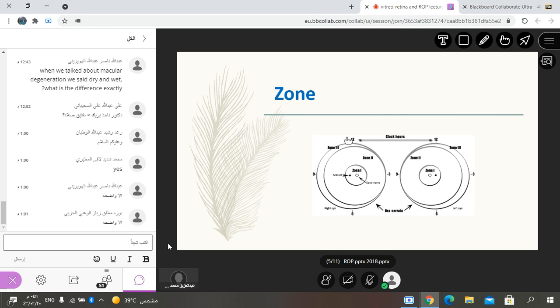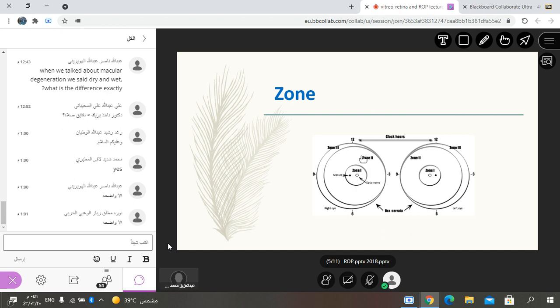The extent of the disease is measured by clock hours. So if we have ROP, for example, in this area extending from 12 till 3, this is almost 1, 2, and 3, so this is 3 clock hours.